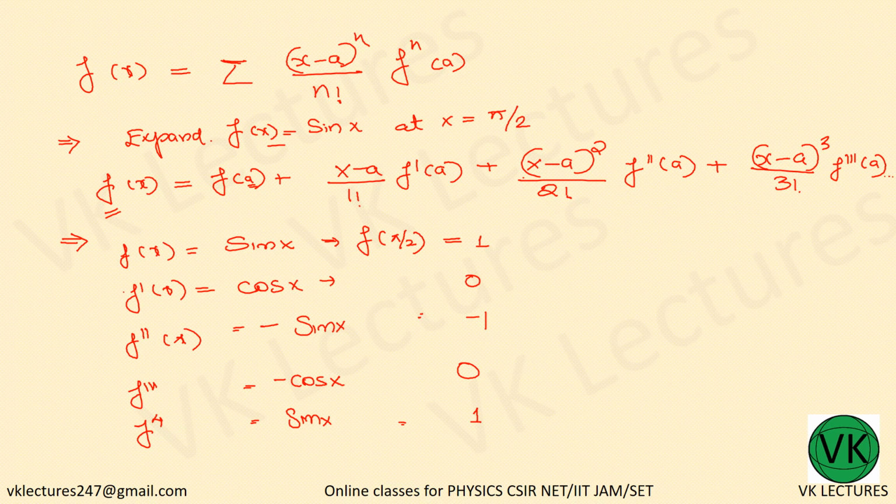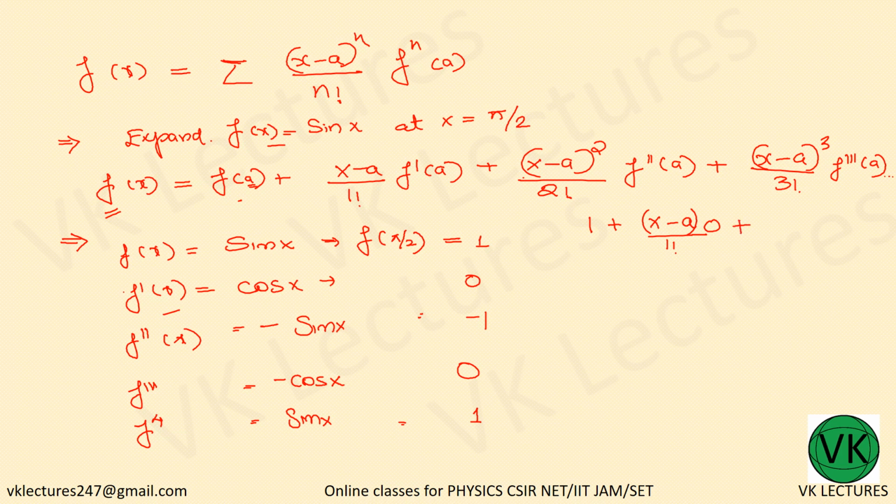So f of x is equal to f of a plus (x minus a) by 1 factorial into f dash of a plus (x minus a) whole square by 2 factorial into f double dash of a. So you can write what is f of a. f of a is given as 1, plus (x minus a) by 1 factorial, and f dash of a is again 0, so you need not write that, but still for the time being we will write.